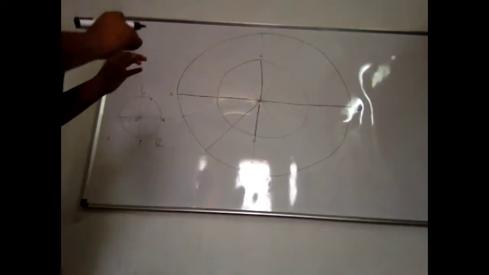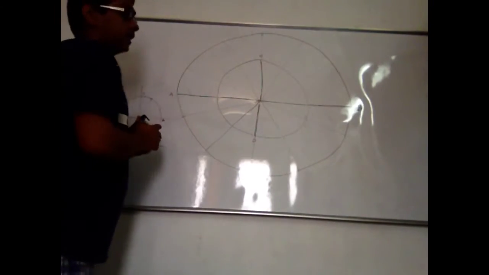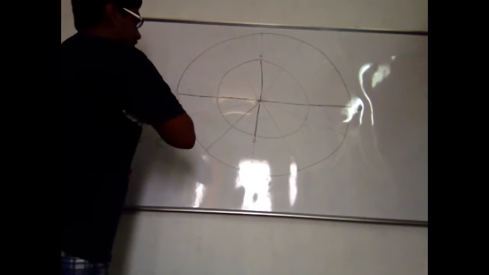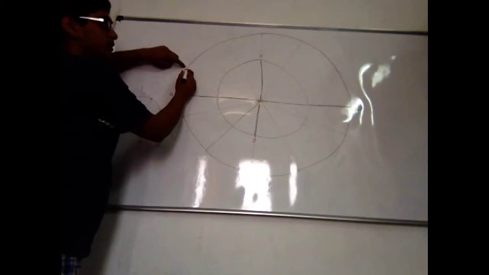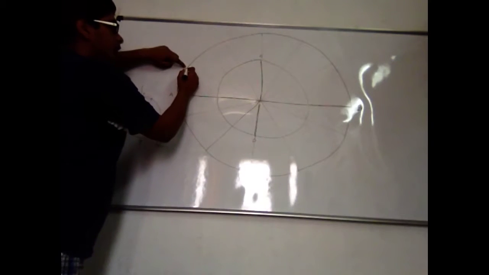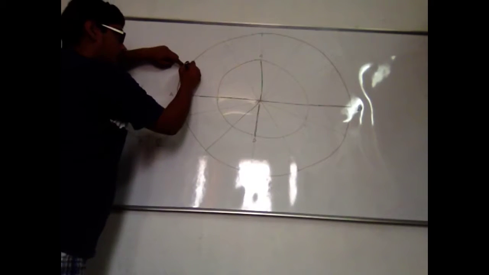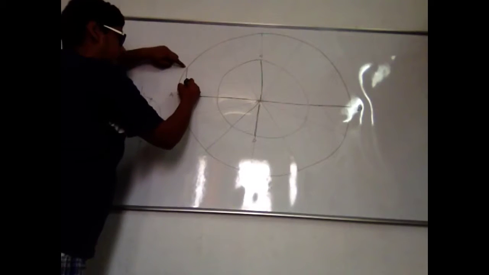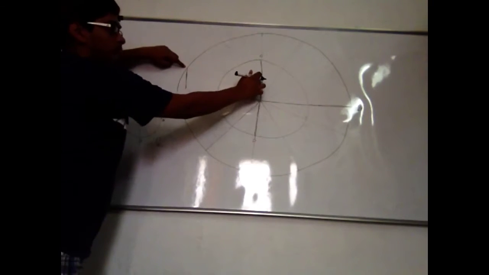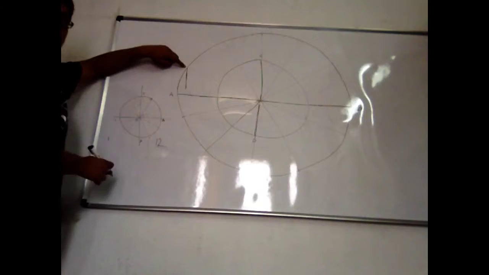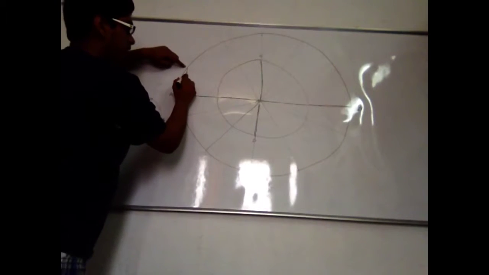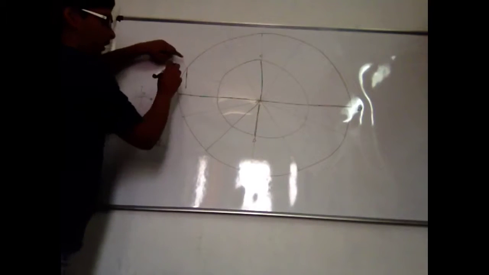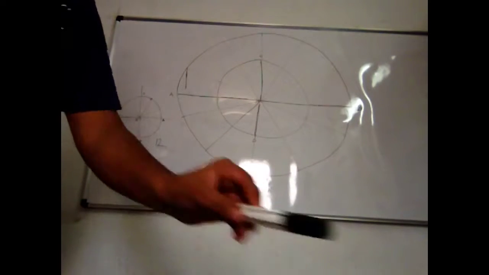Now, you need to get the ellipse. For that, through this point, draw a line parallel to the vertical one, which is the minor axis. And from this, the same line. To avoid confusion, let us label them.